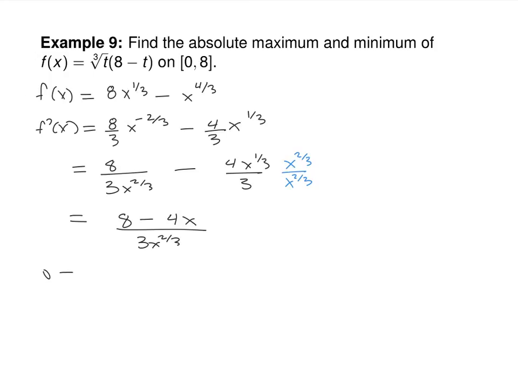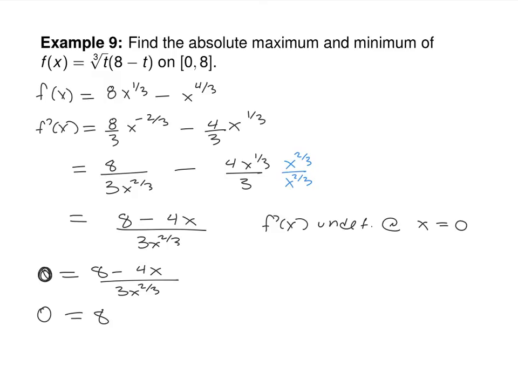Okay. So where is f prime of x undefined? At x equals 0. And if you actually solve it equal to 0, you get x. I don't think it's -1/2.